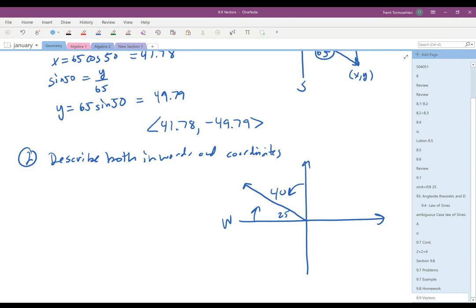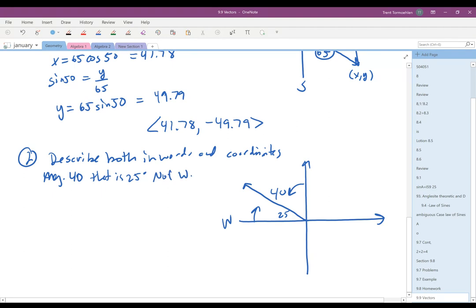You can always do it just north of west, north of east, south of west, south of east, but you can do them from the other direction from time to time. They represent the same vector. And so it is a magnitude 40, 25 degrees north of west.